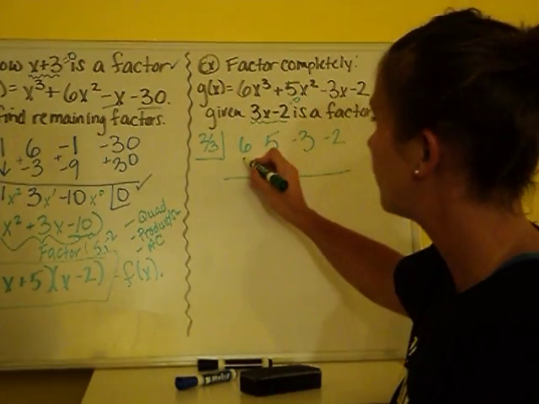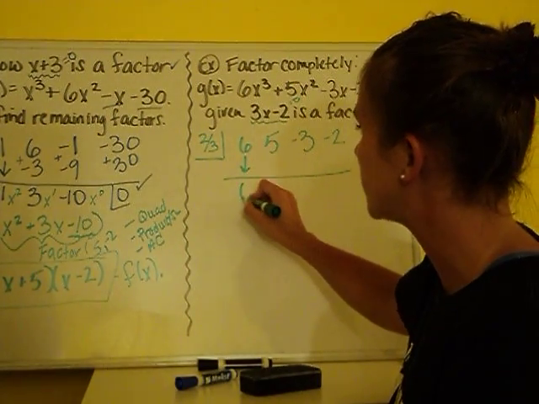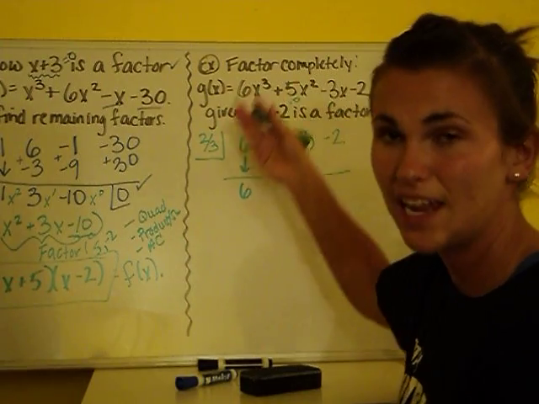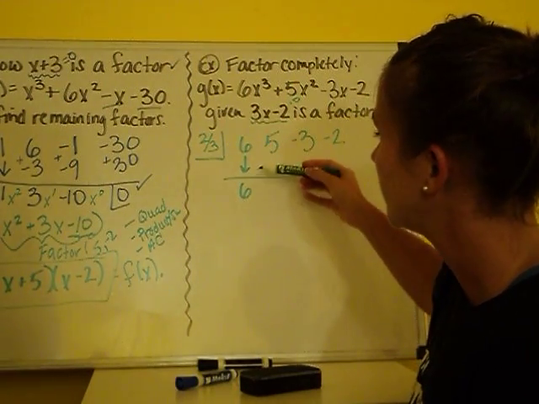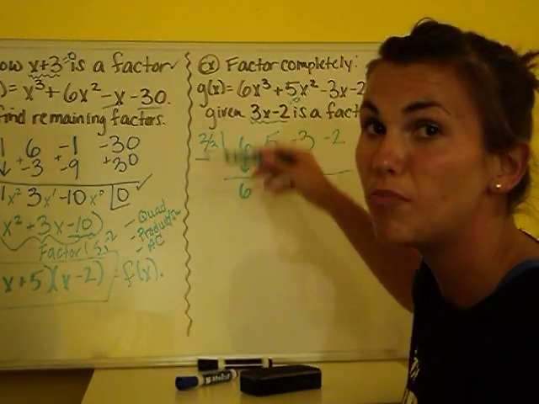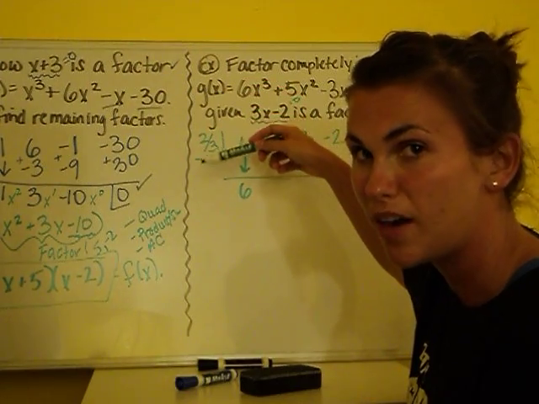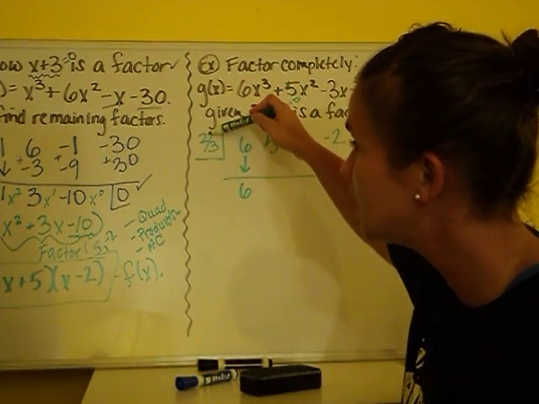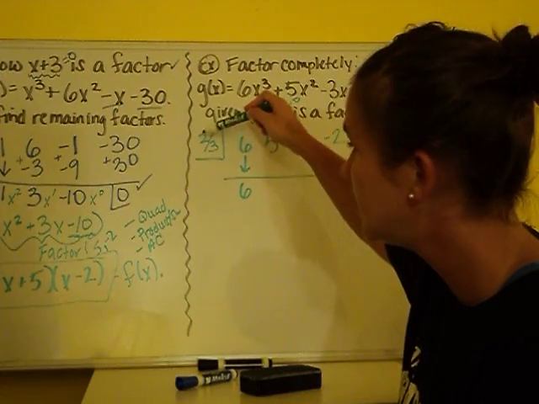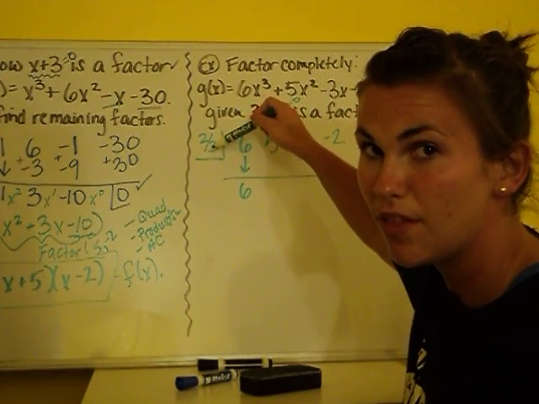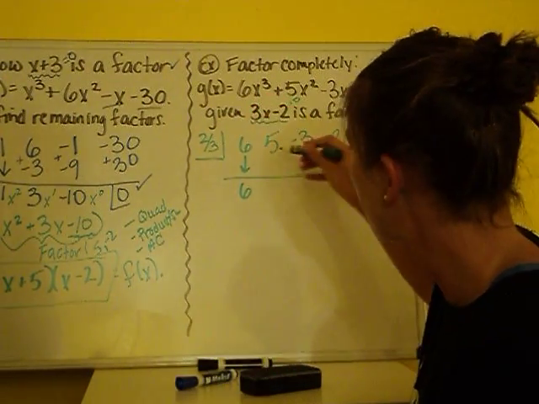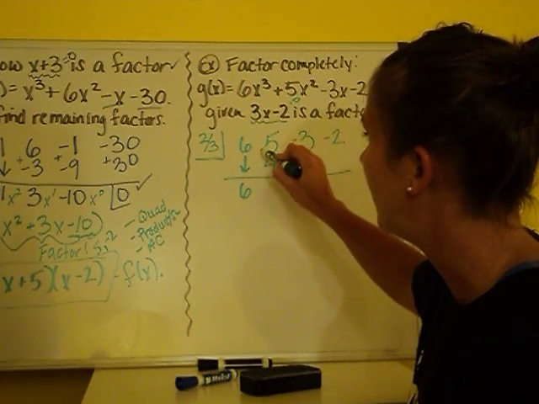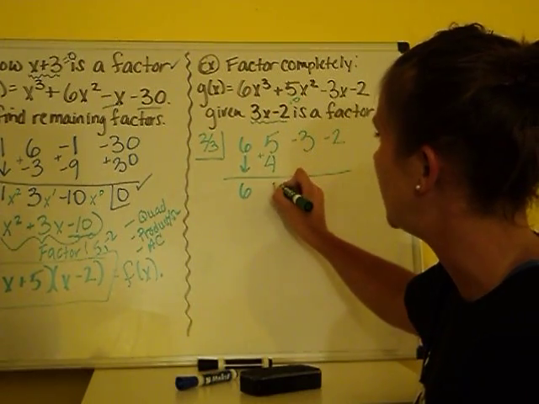Okay? So my first job is to drop this first one. 6 times 2/3. Okay? If we don't like fractions, you multiply by the top, divide by the bottom. So 6 times 2 is 12. Divided by 3, 12 divided by 3 is 4. And then I get to add. 5 plus 4 is 9.